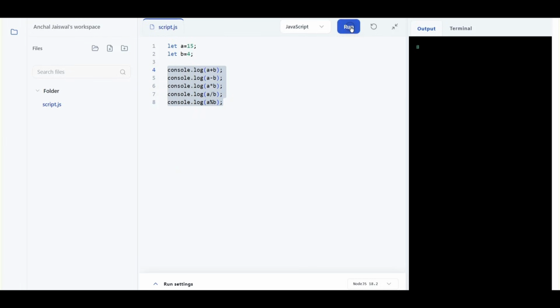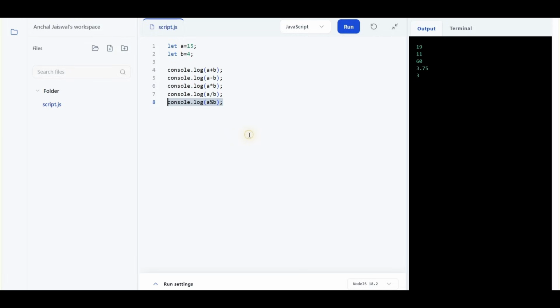Let's run the code and check the results. So a plus b gives us the sum, a minus b gives us the difference, a into b gives us the product, a divided by b gives us the result of division, and a modulo b gives us the remainder.